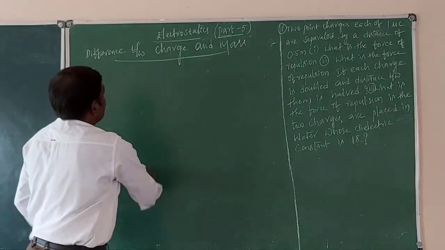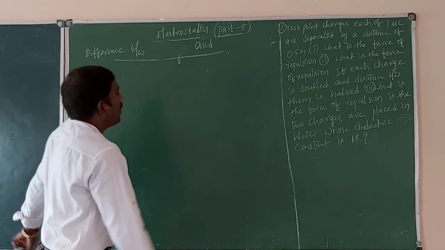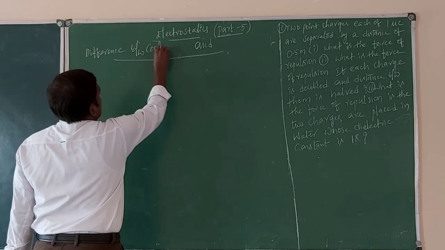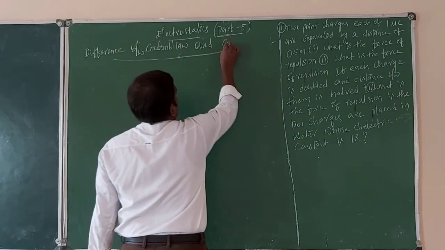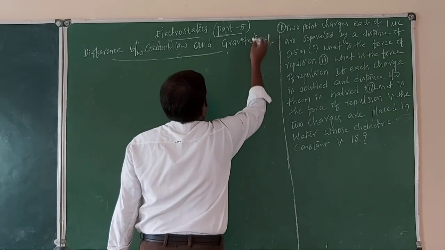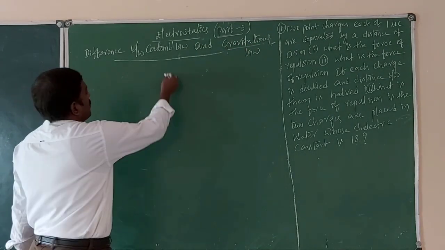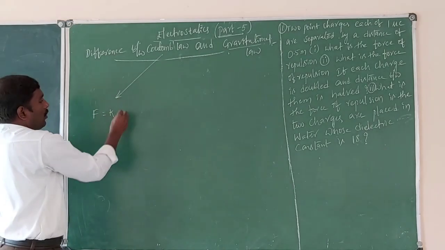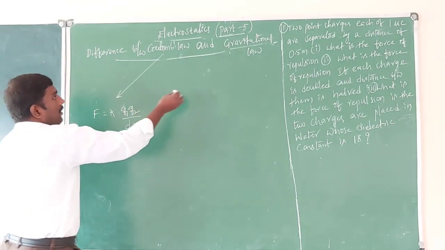Next one, difference between Coulomb's law and gravitational law. Coulomb's law: F is equal to K q1 q2 by d square.